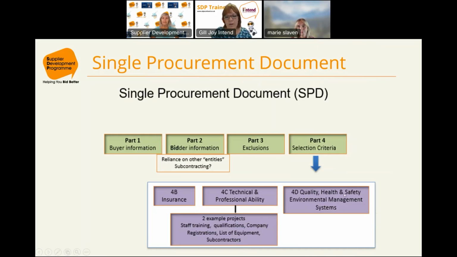And the final part of Part 4, again, probably in our experience, I think we've seen it included in almost every tender that we've looked at. So you have to say, do you have an externally audited system for quality, for health and safety, for environment?